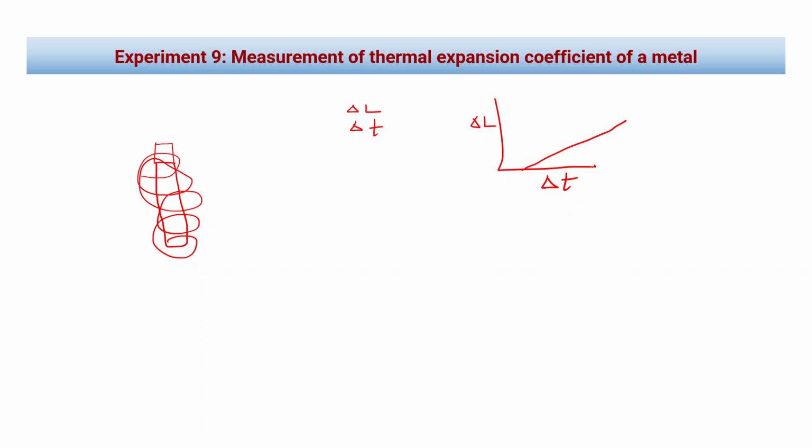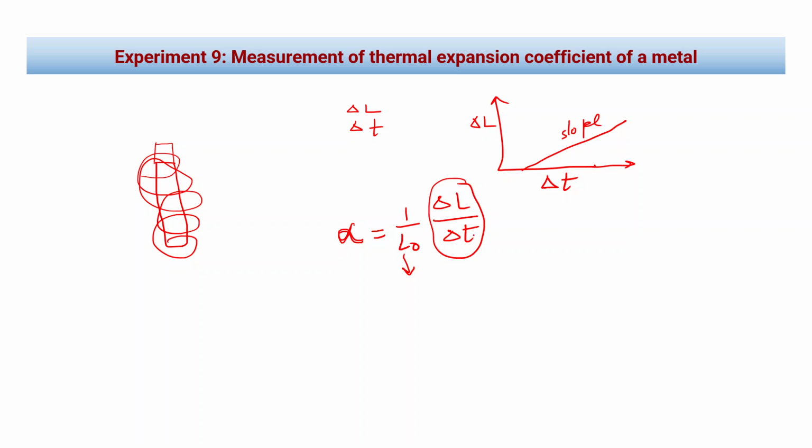It may be something like this, but the slope of this graph will give us the value of delta L by delta T, and using this we'll find the value of the linear coefficient, because the original length we know, delta L and delta T we find experimentally, and with this slope value we can always calculate alpha.